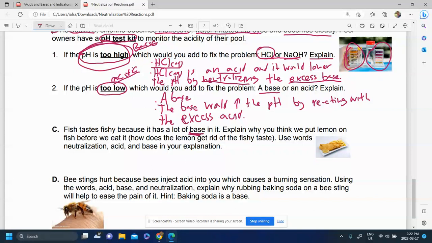So you'd be looking for something like this. Lemon contains acid.